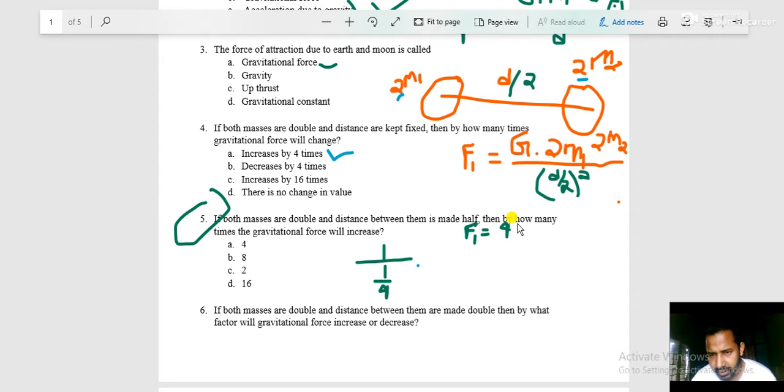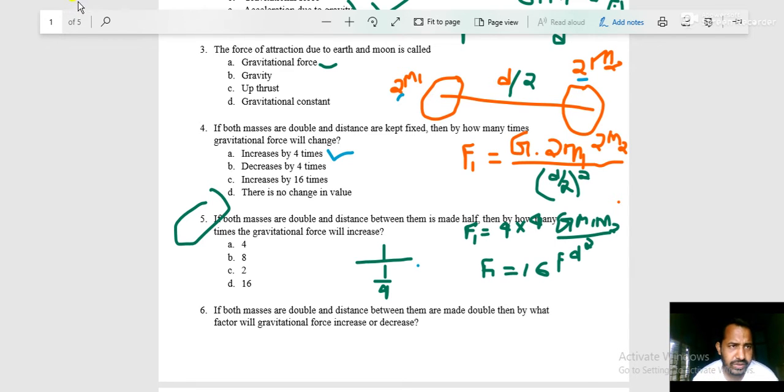You can calculate, use your mathematics, 4 into 4, and what you will get is G m1 m2 by d square, and we are getting 16 times F. It means the force is multiplied by 16 times in that case. You can also write equation 1, this is equation 2, divide, and you will get that answer.